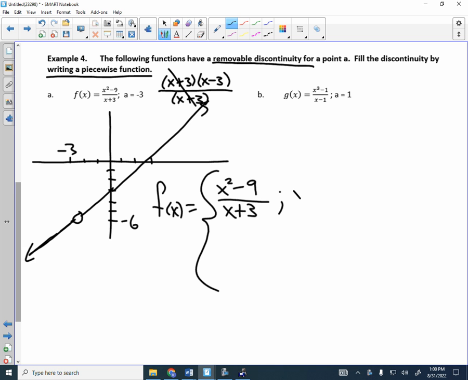So I say for x not equal to negative 3. So we want that function for any value other than negative 3. Everybody okay with that so far? So, how about when x is negative 3? What should the y value be to fill the circle? Negative 6. That fills the discontinuity.